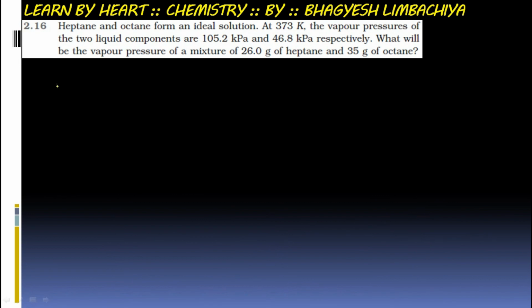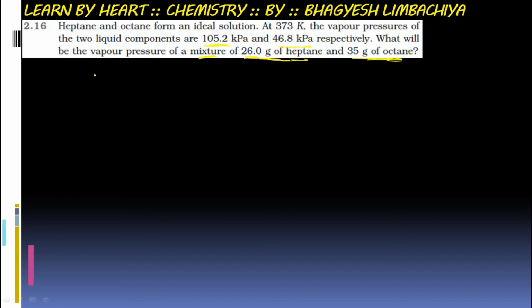Now in this question, heptane and octane are forming an ideal solution. So at 373 Kelvin, both have vapor pressures which are given as 105.2 kilopascal and 46.8 kilopascal. So what will be the vapor pressure of the mixture containing 26 gram of heptane and 35 gram of octane?